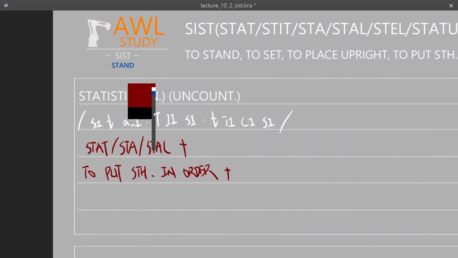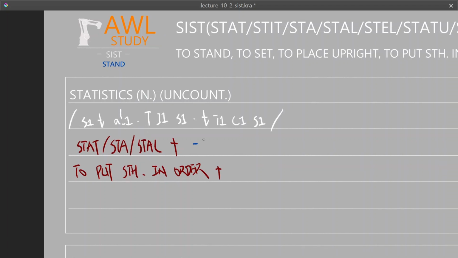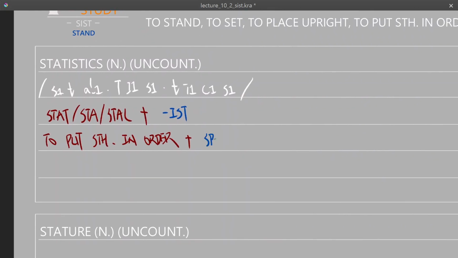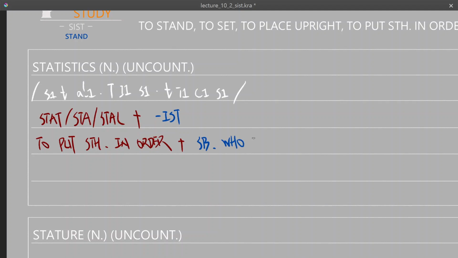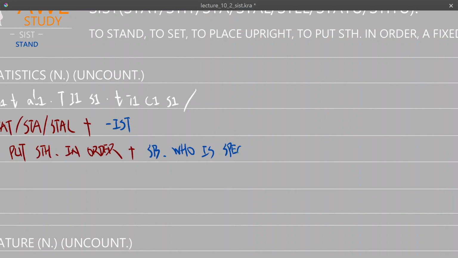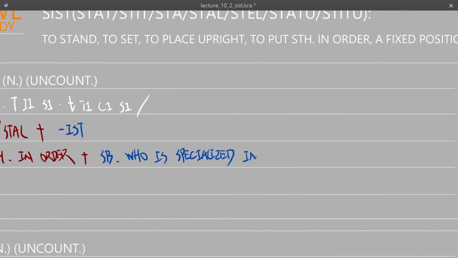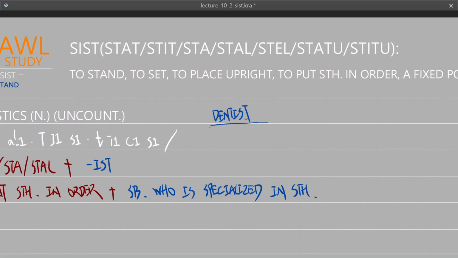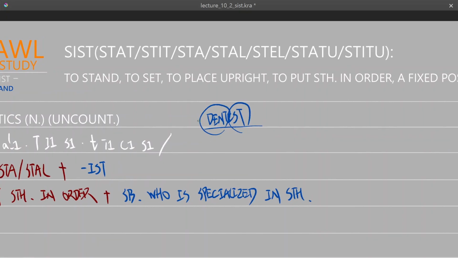And next we have ist. Ist is a noun suffix meaning somebody who is specialized in something, like a dentist. A dentist would be somebody who is specialized in teeth, so a teeth doctor, teeth expert.